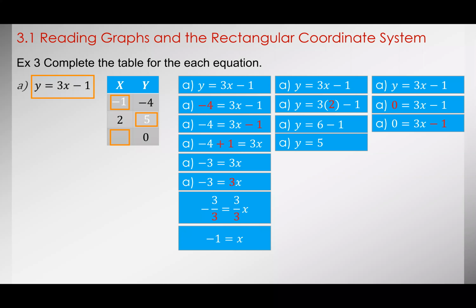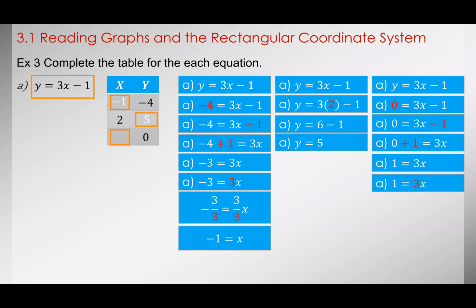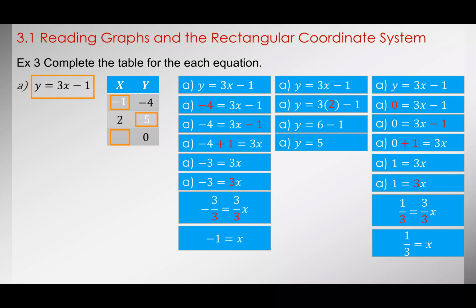I know that I need to solve for x. To solve for x, I need to add 1 to the other side, and my new problem is 1 equal to 3x. And just like before, we need to divide by 3. If I divide by 3, my x is equal to 1/3. And again, for now, whatever the answer is, that will be your answer.